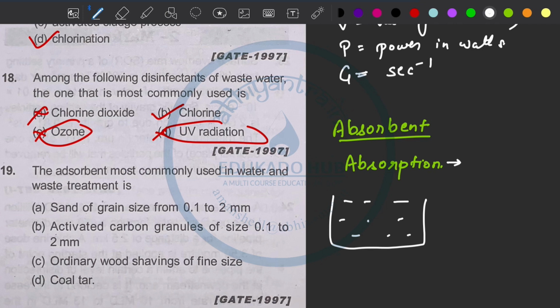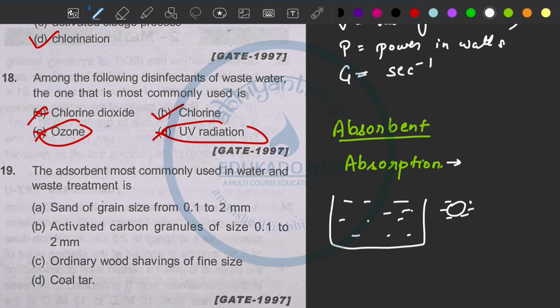So if these molecules are present in dissolved form in the water, and we put an absorbing agent, an absorbing chemical, in the water, what does it do? It absorbs the dissolved compounds, and all the dissolved compounds stick to the surface of the absorbent.